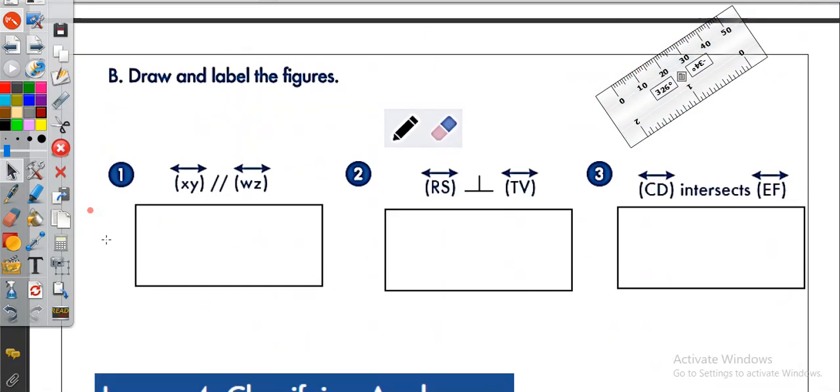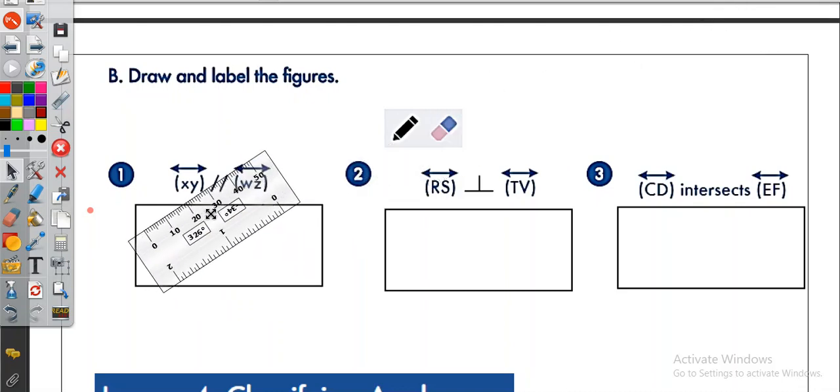Draw and label the figures. XY is parallel to YZ. So you're gonna do it with your ruler. Take the ruler, draw the first line. Oopsie. Let me remove this. Okay. Draw the first line.